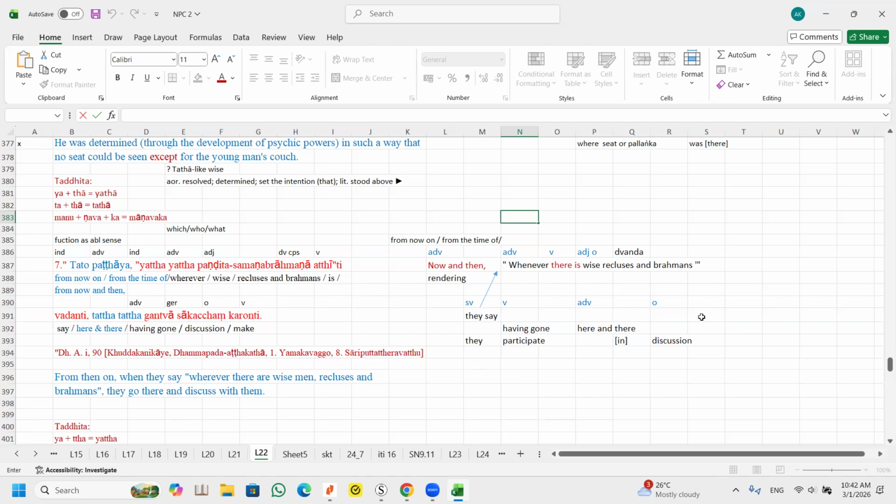So we cannot translate this as everywhere. This is here and there, because the recruits can come here and go there. Understand? This is having gone here and there. Right? Okay, now this part, no problem.